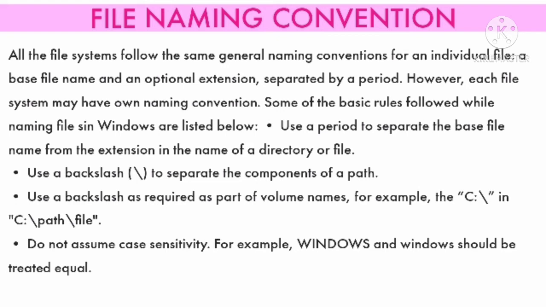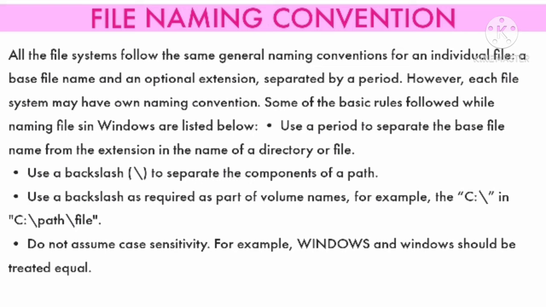File naming convention. All the file systems follow the same general naming conventions for an individual file: a base file name and an optional extension separated by a period. However, each file system may have its own naming convention.